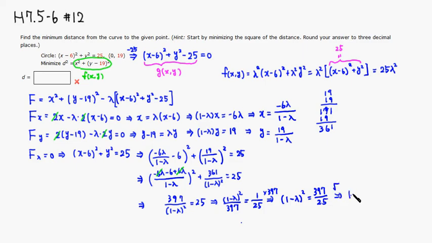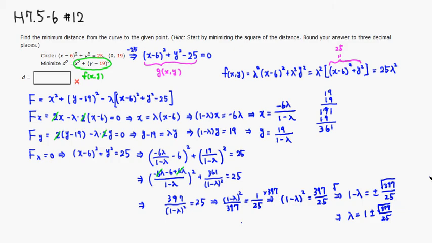We get 1 minus lambda is equal to plus or minus the square root of 397 over 25. I don't know if this is a nice number. Then we're looking for lambda, so lambda is going to be 1 plus or minus the square root of 397 over 25.